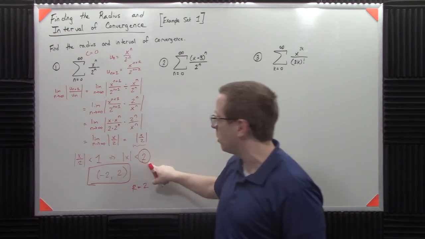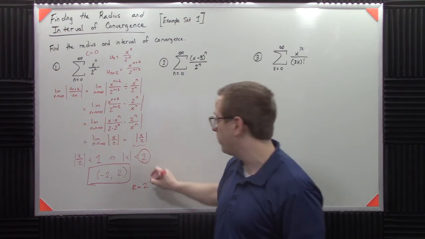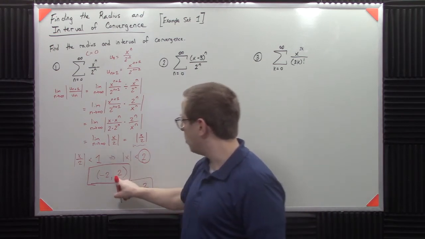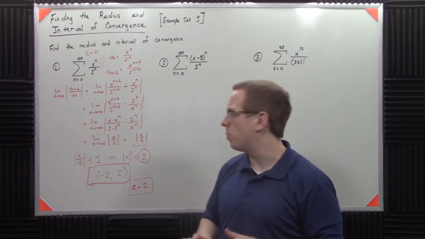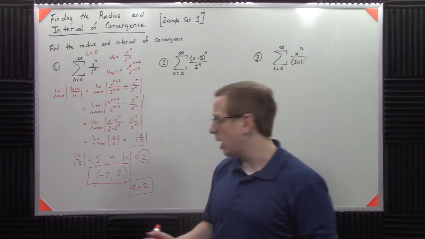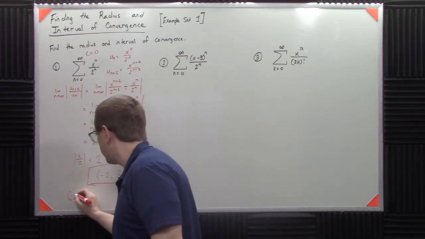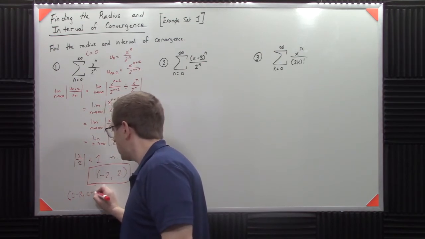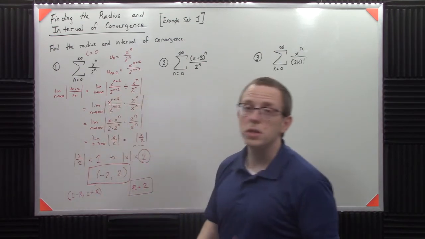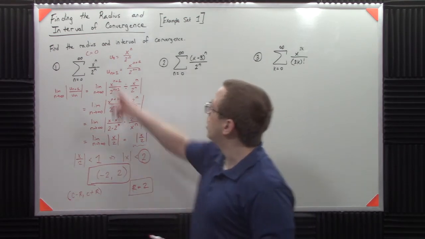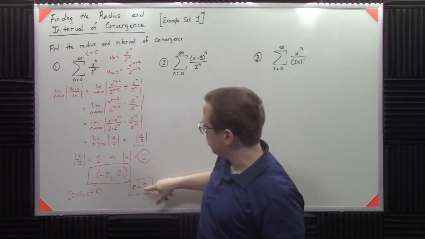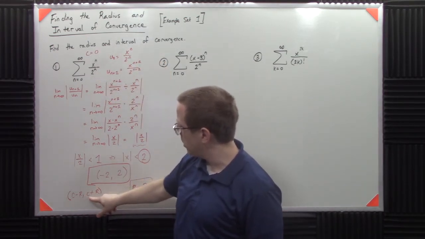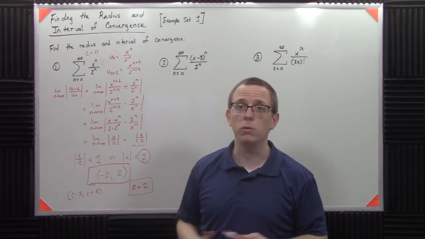Your interval of convergence is based upon your center. In general, you have your center minus your radius, your center plus your radius. In this case, your center was 0 and your radius was 2. So 0 minus 2, 0 plus 2. And that's your interval of convergence.